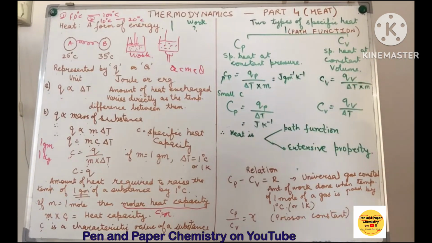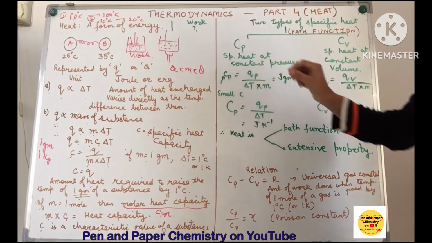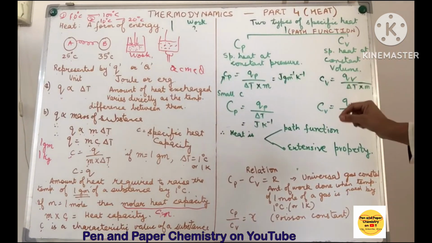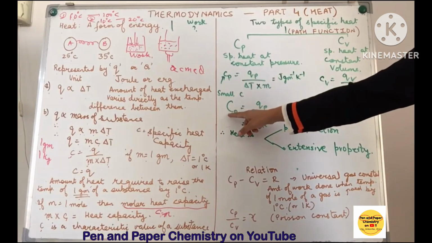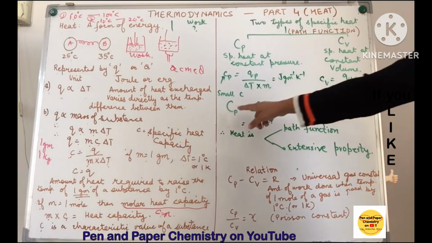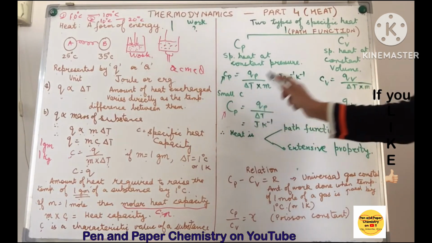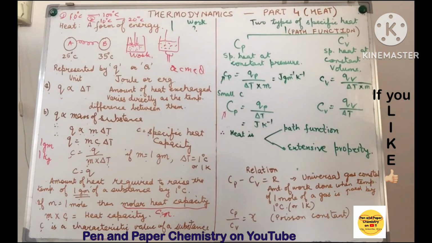That's the only difference that you will make. Now, when I'm talking about specific heat, we shall write the C over here as a small c, whereas if I'm talking about only the heat capacity at constant pressure or constant volume, we denote it by a capital C. That is the only difference, but you have to be careful.